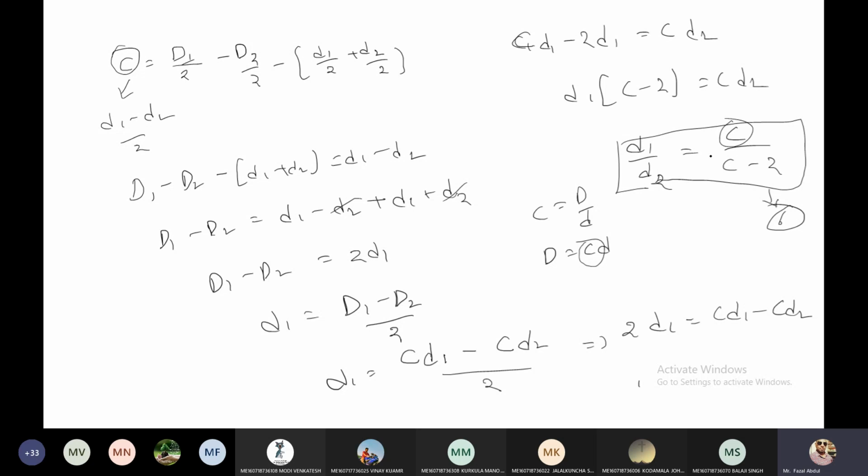If we substitute here, we will get the d1 by d2 ratio as some constant value. With this constant value, we can substitute where we have two unknown parameters, and then we will get any one of the unknown values.